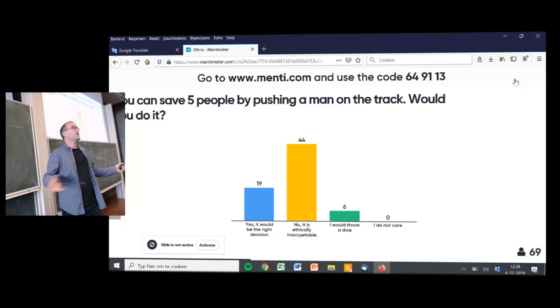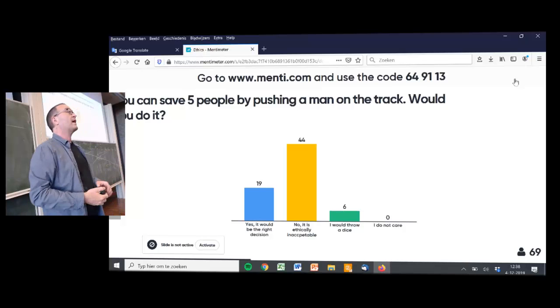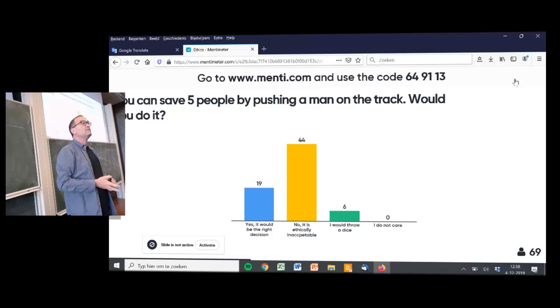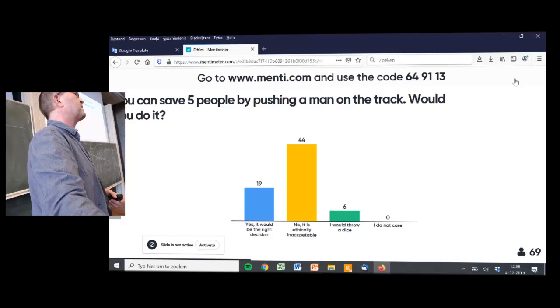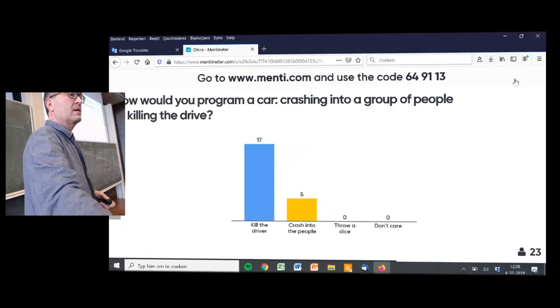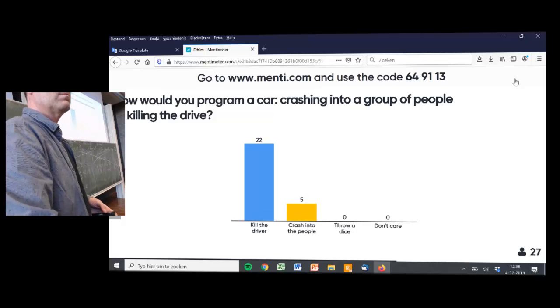Is this clear? Would you program the car in a way that it would kill the driver, or would you program it in a way so that it would kill the 5 people on the streets?